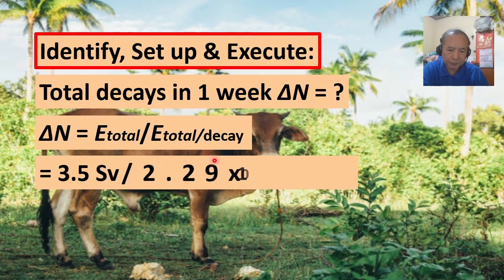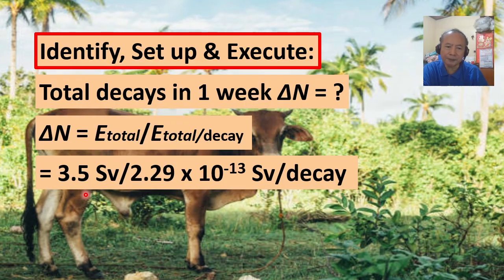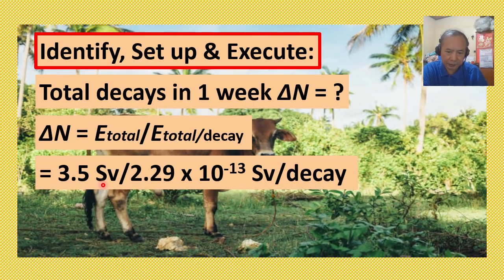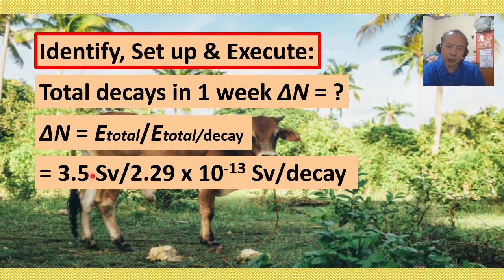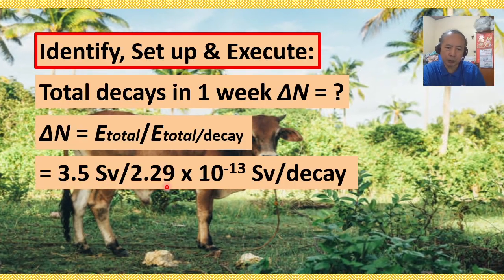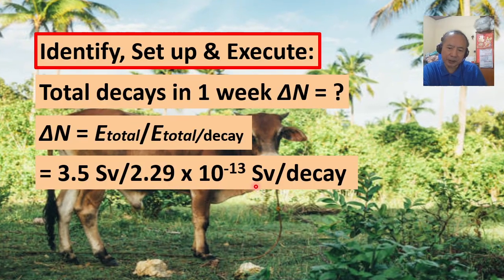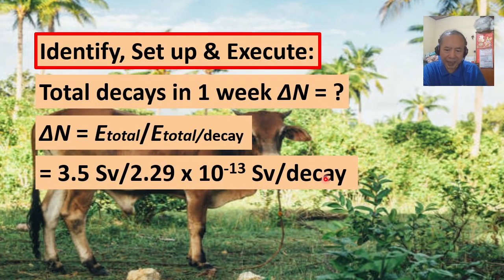Substituting, delta N equals 3.5 sieverts, right? This is the total equivalent dose in a week, then divided by 2.29 times 10 to the negative 13 sieverts, per decay.